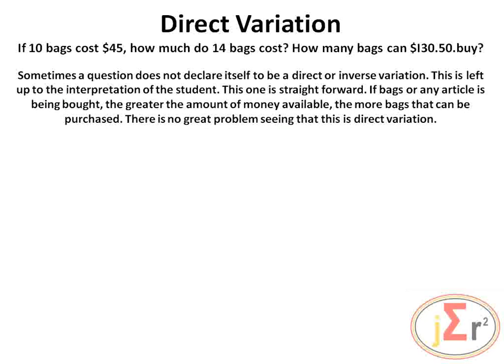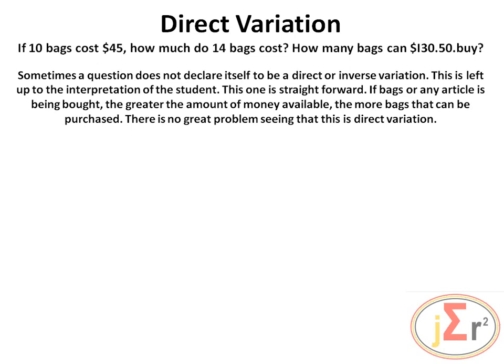Sometimes a question does not declare itself to be a direct or inverse variation. This is left up to the interpretation of the student. This one is straightforward. If bags or any article is being bought, the greater the amount of money available, the more bags that can be purchased. There is no great problem seeing that this is direct variation.